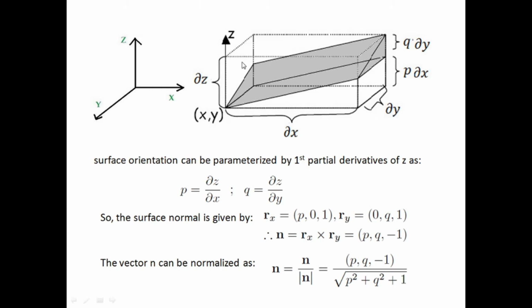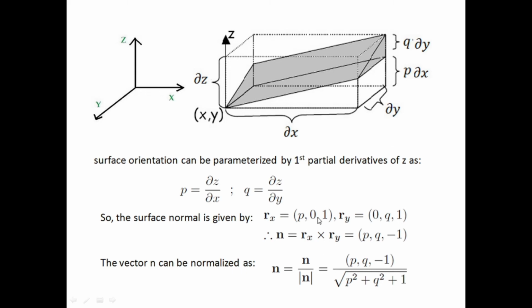Here z is not changing at all. So z with respect to x got differentiated, and z with respect to y got differentiated. The surface normal is given by one component due to the raising in x and another due to the raising in y, the other end of the plate.